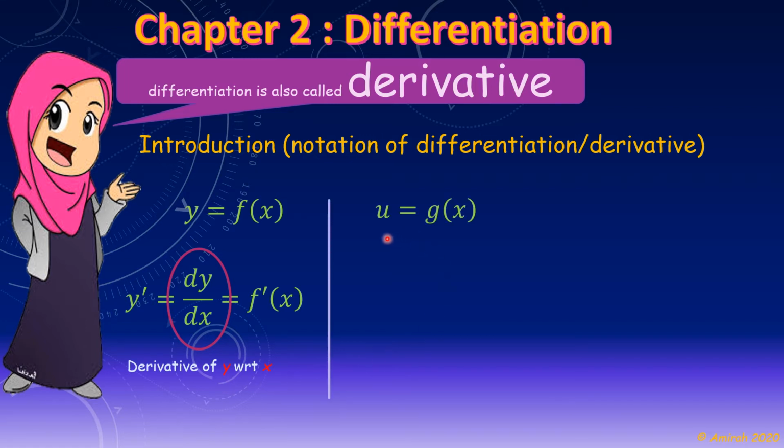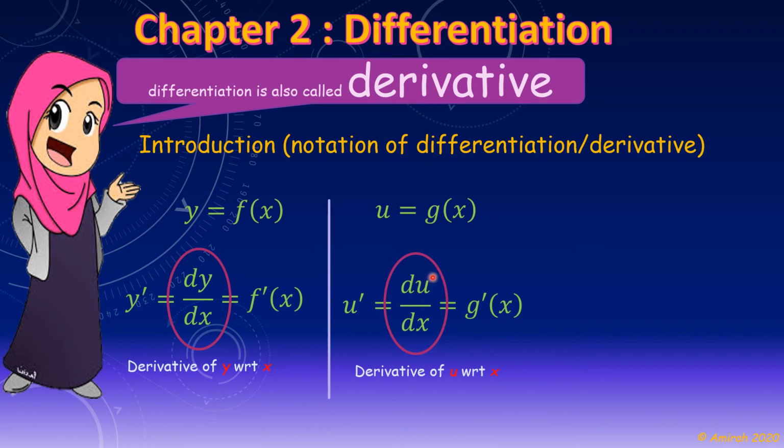And let's say we are given u equals g(x). When we differentiate, the symbol will become u prime, which equals du over dx, or we can write g prime x. The symbol du over dx is the derivative of u with respect to x.